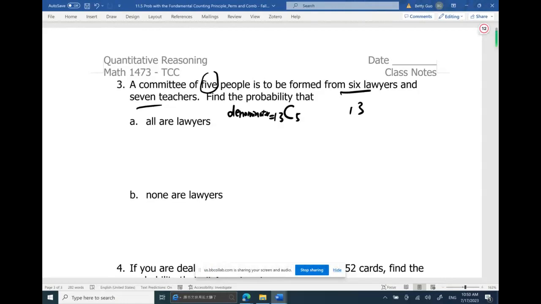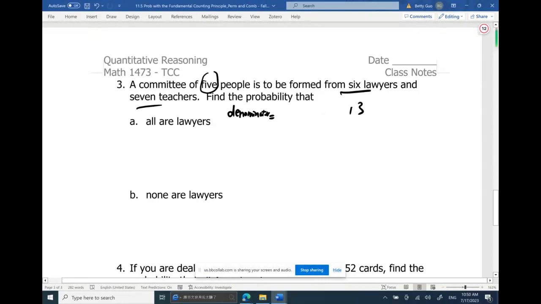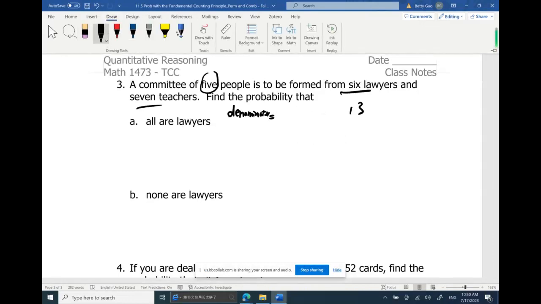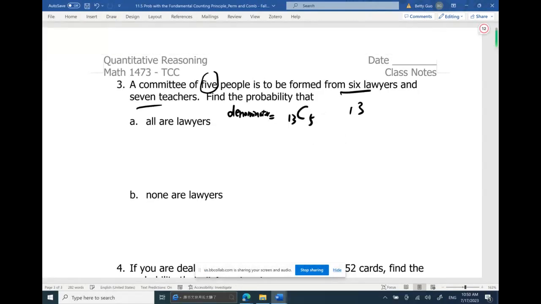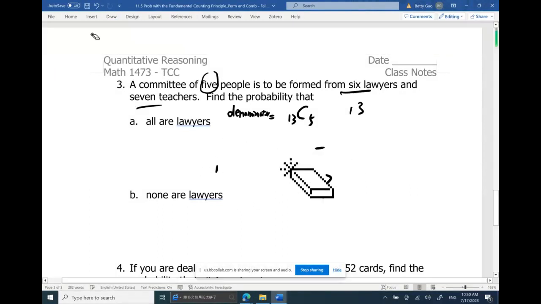Let me rewrite it better. The denominator is going to be C(13,5), or you might see C^13_5 in other books, same thing. It's just different notation. Our book uses the notation that is very consistent with the calculator.